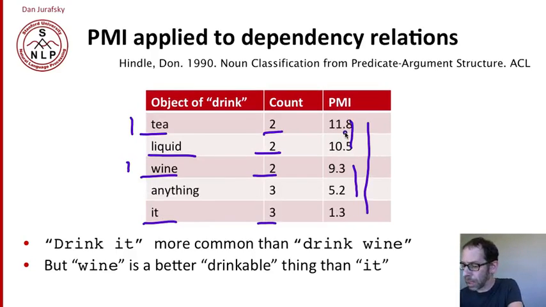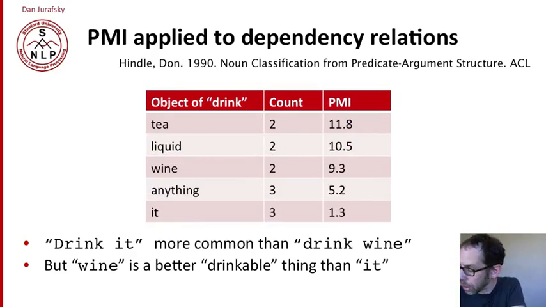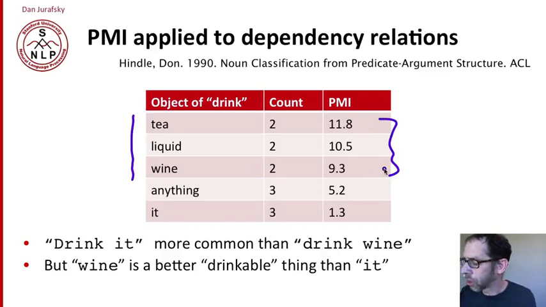So if I sort by PMI, now I see that tea and liquid and wine are the most associated words to be the object of the verb drink. So PMI is used for noun associations, just for words in the context, for word associations of word in the context, and also for associations for dependency relations.